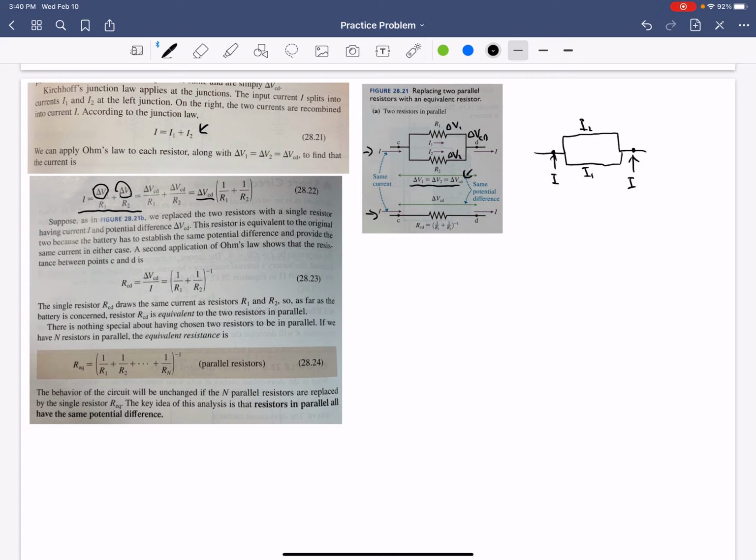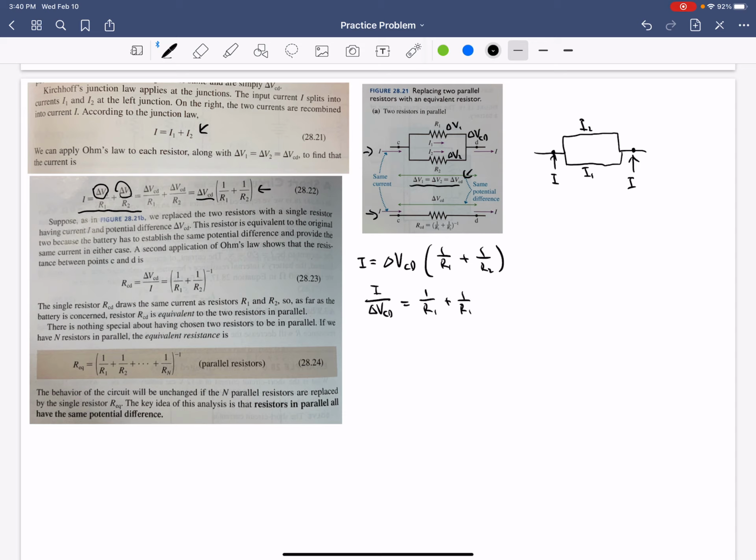This equation. So based on the last equation right there, we know that I over delta VCD equals 1 over R1 plus 1 over R2. And then when you divide that over, it's I over delta VCD equals 1 over, like that.